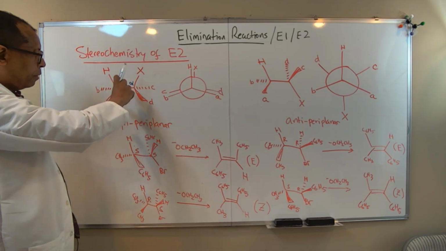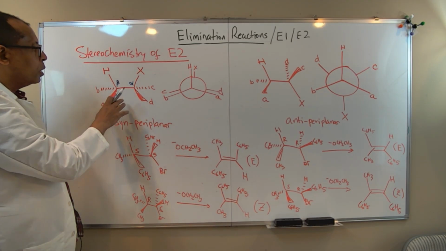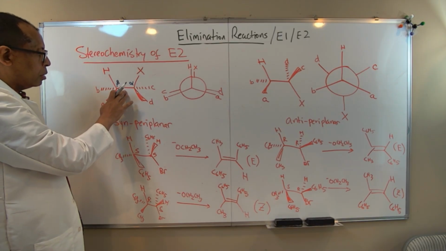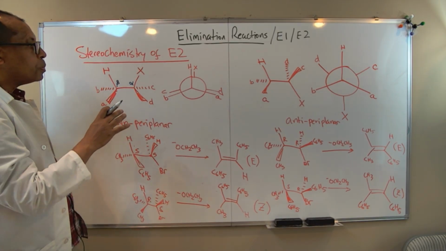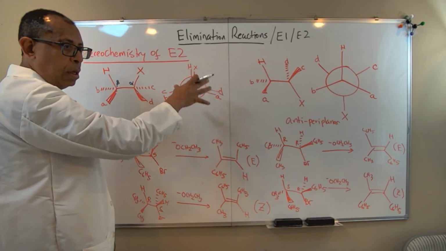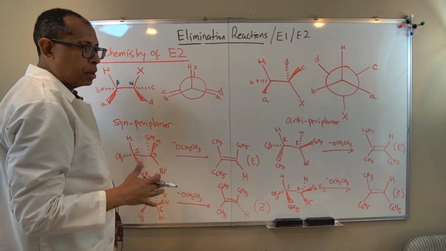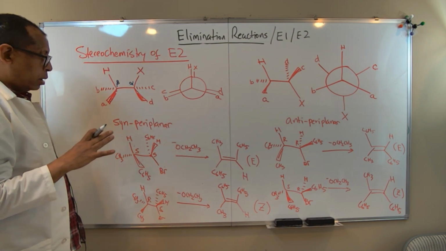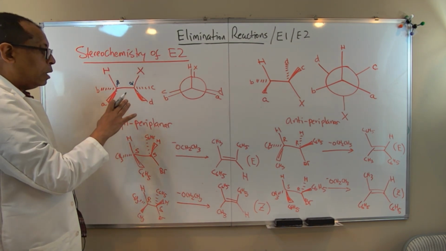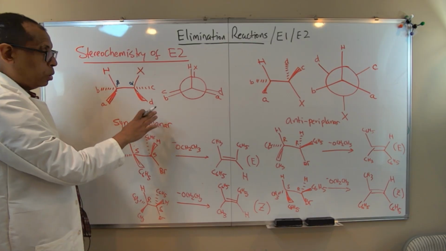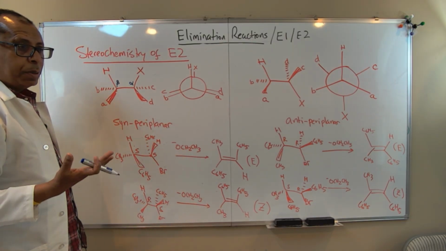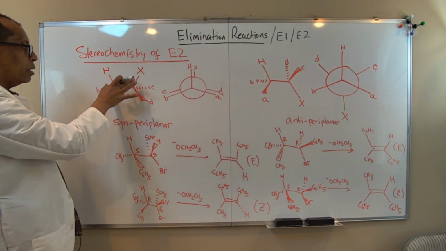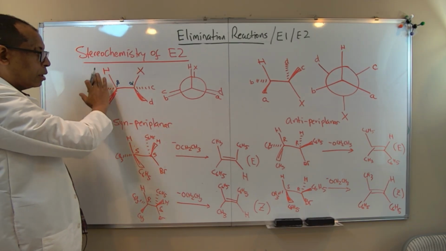This is a freely rotating compound because it's a sigma bond. You can have several Newman projections for this. In an E2 reaction, syn periplanar would not produce an elimination reaction because both are on the same side and on the same plane.